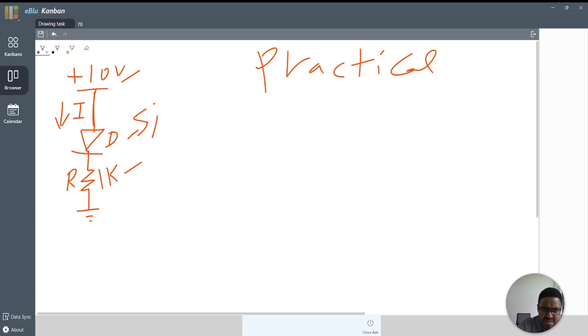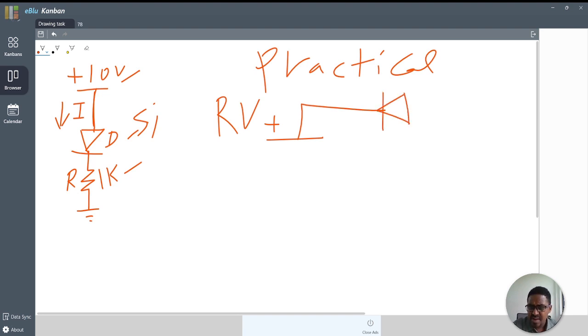Let's first consider reverse biasing. During reverse biasing, our diode is reversed with respect to the source. The positive side of the battery is connected to the cathode side, and the other side of the resistor to the negative side of our battery.